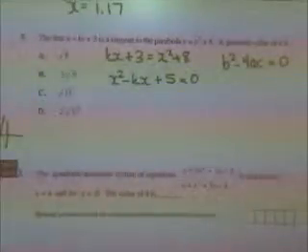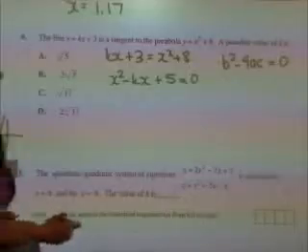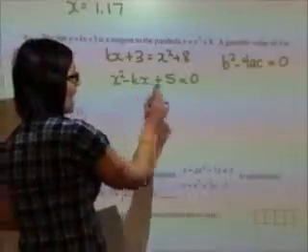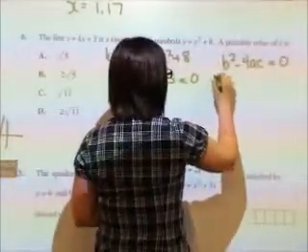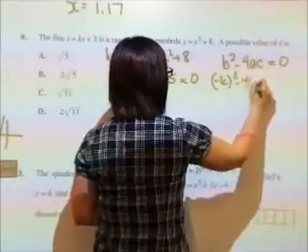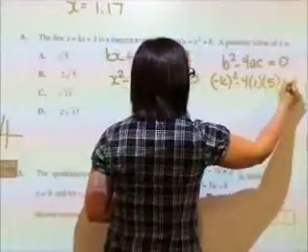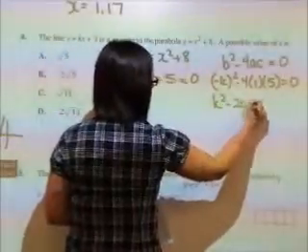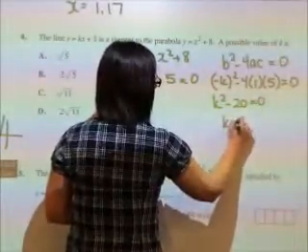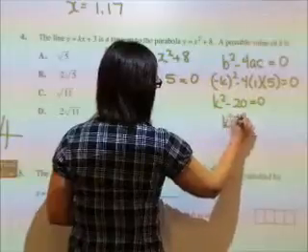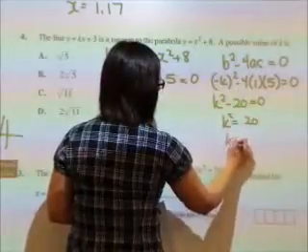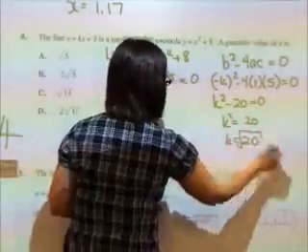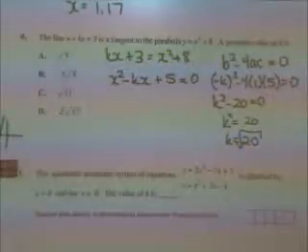If I solve for that, I will get my value of k. So b is negative k, so I get k squared minus 4 times 1 times 5. That gives me k squared minus 20 equals 0, and k squared equals 20. So k equals the square root of 20.